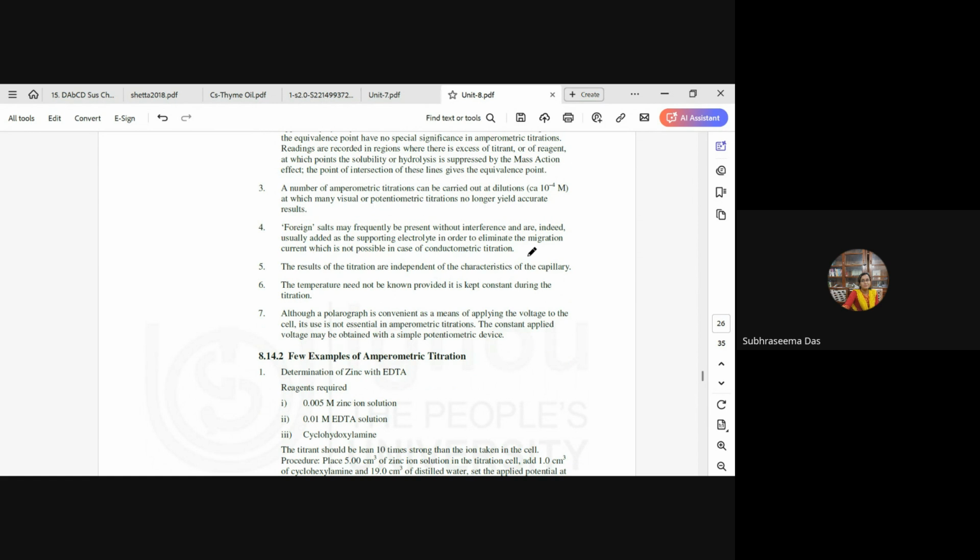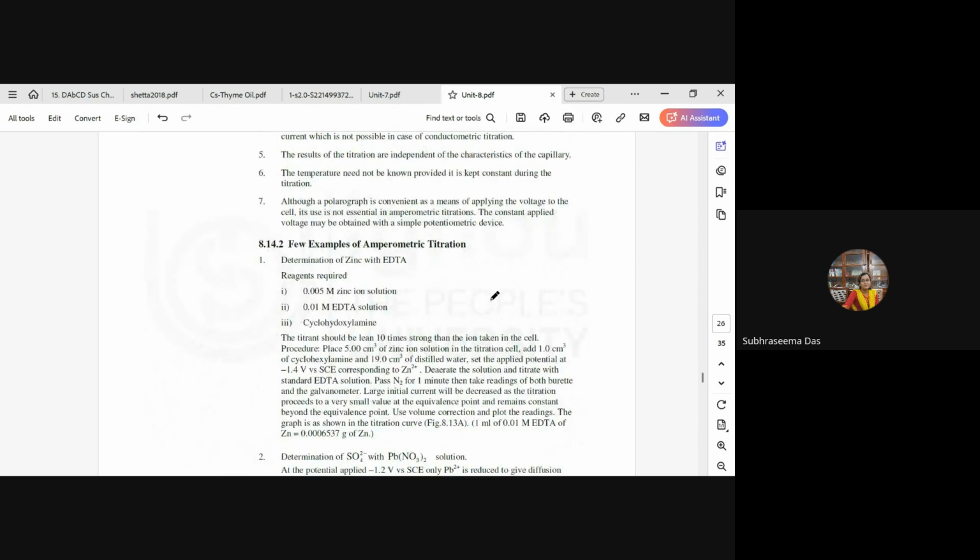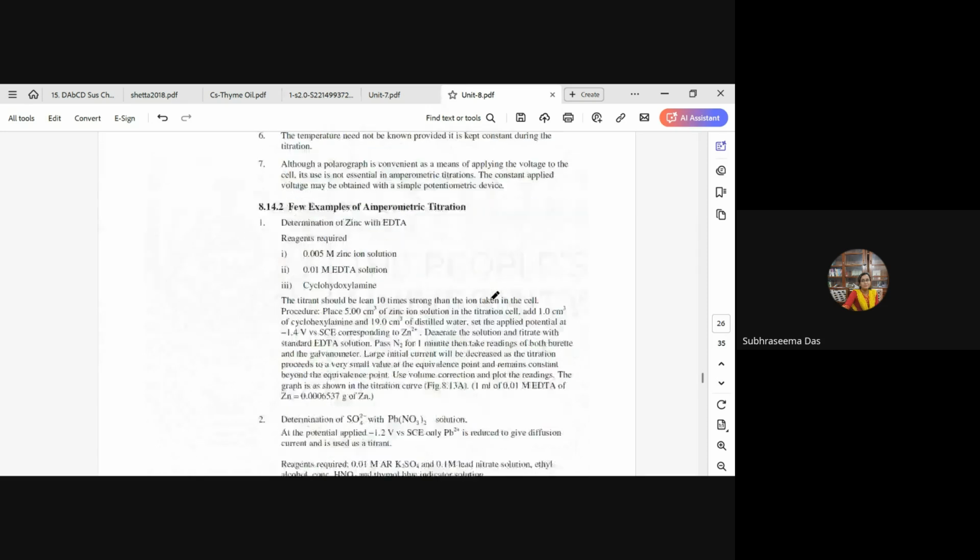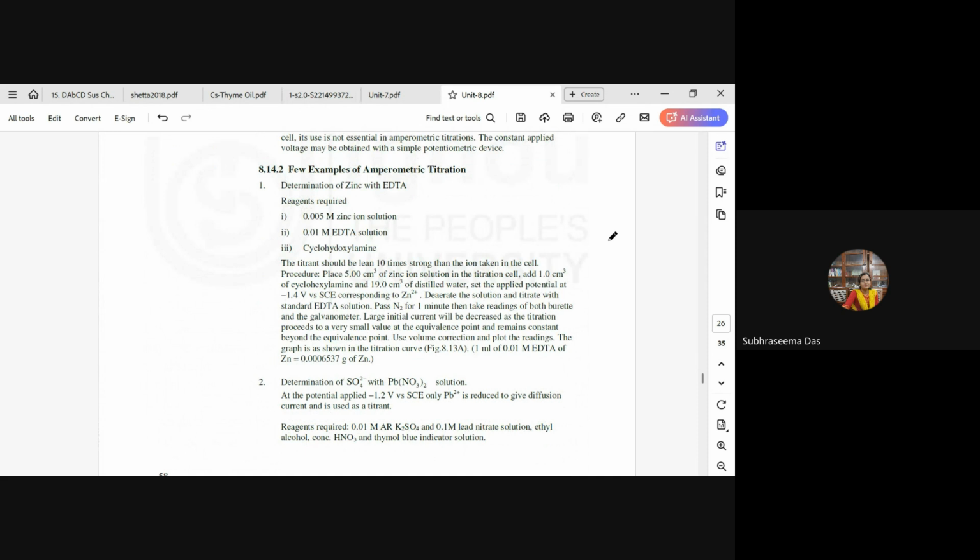Although a polarograph is convenient as a means of applying the voltage to the cell, its use is not essential in amperometric titration. The constant applied voltage may be obtained with simple potentiometric devices. So these are some of the advantages of amperometry over other conventional processes.